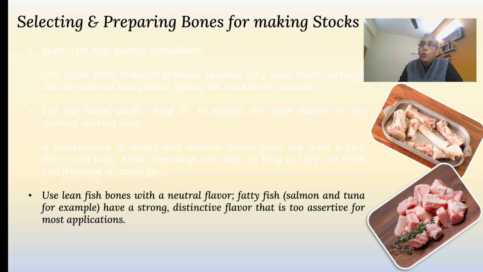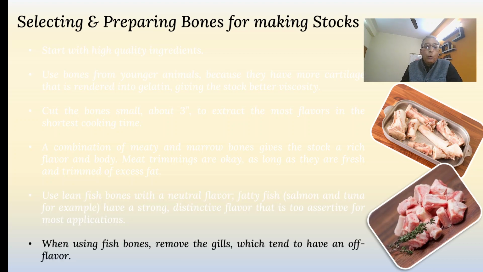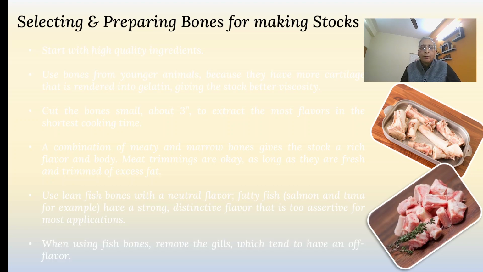We'll use more neutral flavored, lean fish for that kind of stock preparation. When using fish bones, remove the gills, which tend to have an off color. Gills may give you a foul smell in the stock, so we are not going to use any gills of fish for the fumet or the stock making of fish.